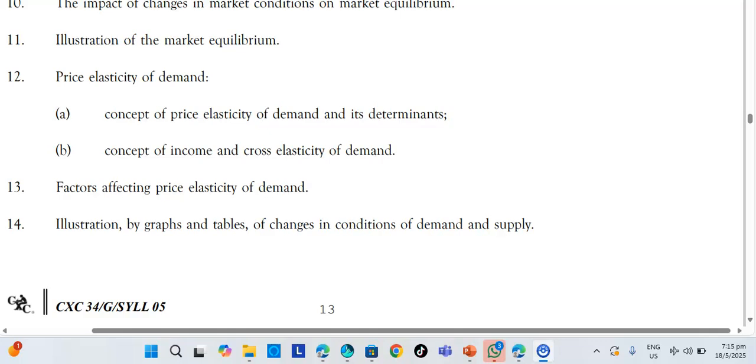The factors are, first, availability of substitutes. We did look at that. The more substitutes there are, the more elastic demand we will have.